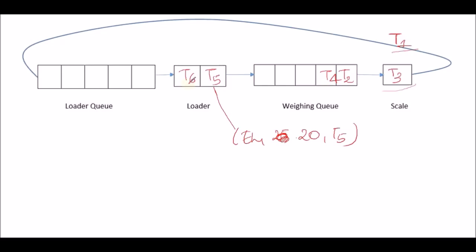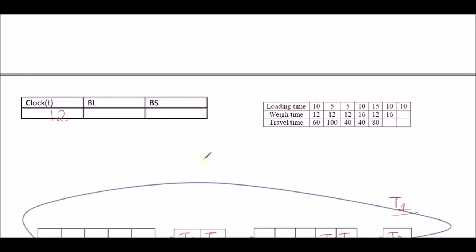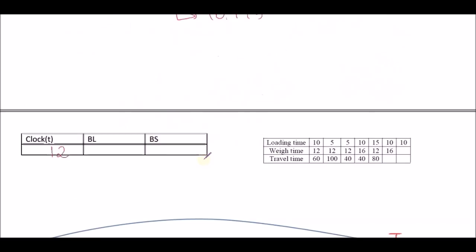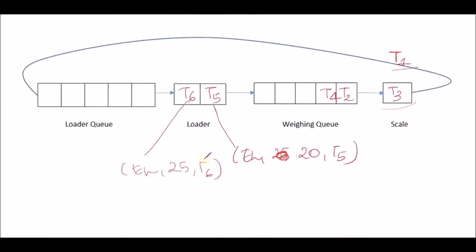And T6 is going to be end loading at 25 and T6. So this is got from the previous step over here, this one. Now the new thing that is going to be is scale. So this is going to be end weighing 3, and this is going to be calculated at 12 plus, 12 is the clock cycle and the weighing time.